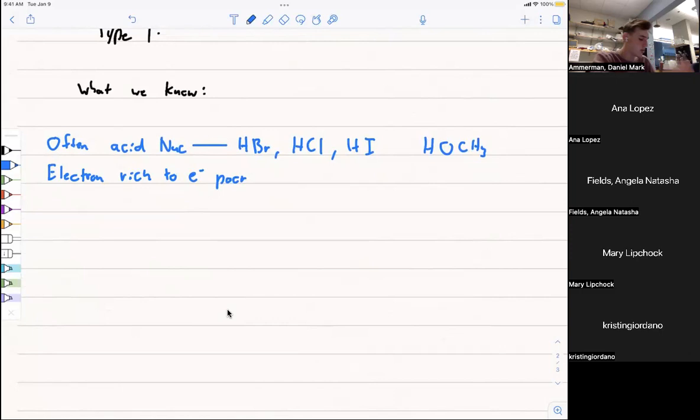Those are the two things. The other one you could write is that it occurs with alkenes and alkynes.